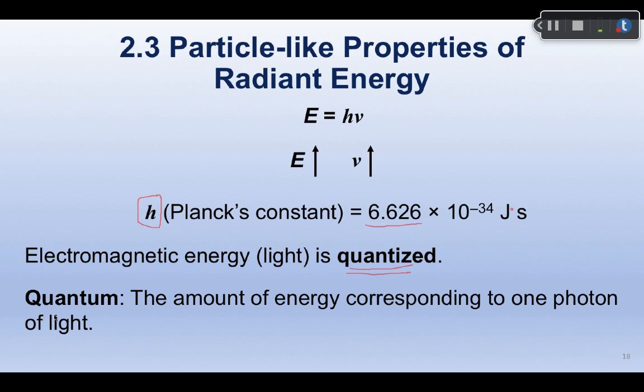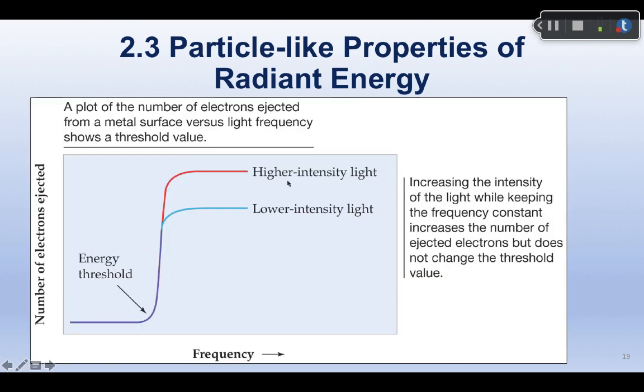In other words, a quantum is the amount of energy for one photon of light. So that has to do with particle properties of the energy. In other words, h times nu gives you the energy of the emission, because that's how it's related to the frequency of the light.